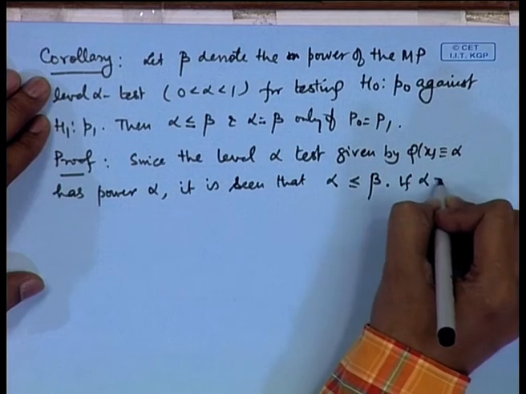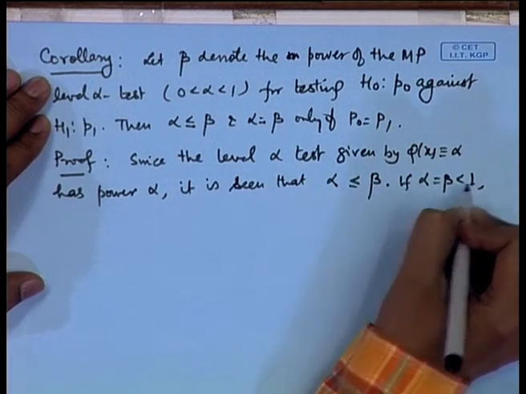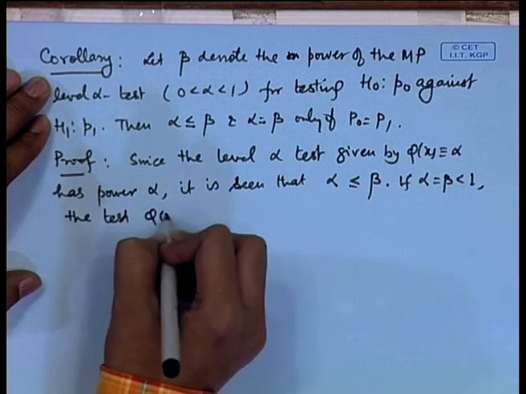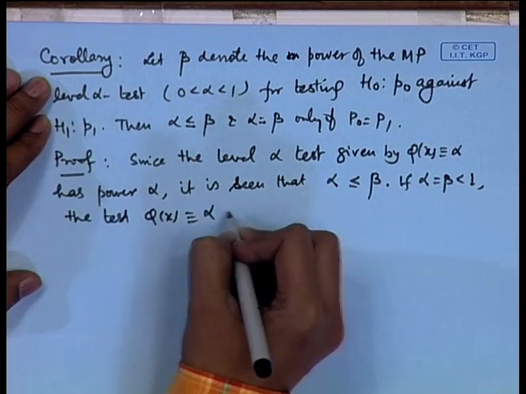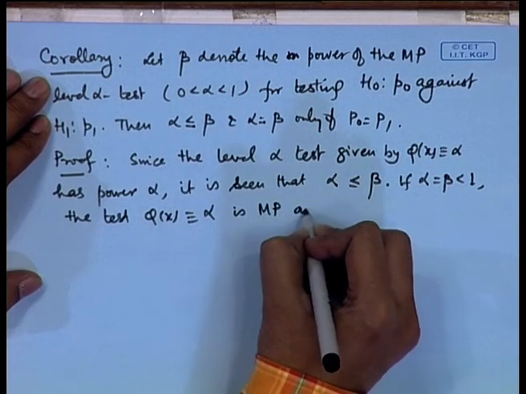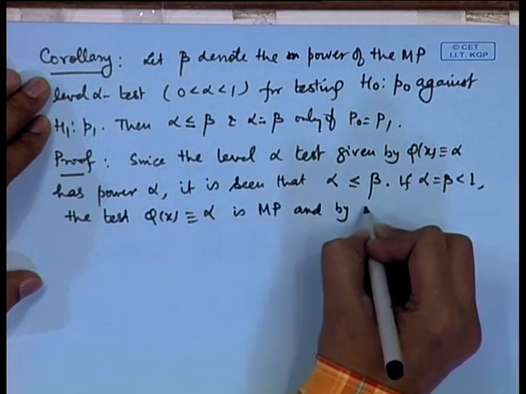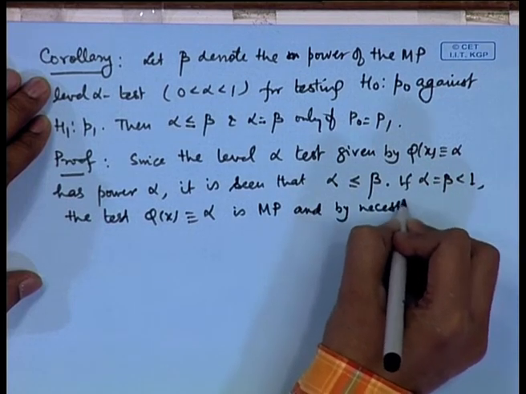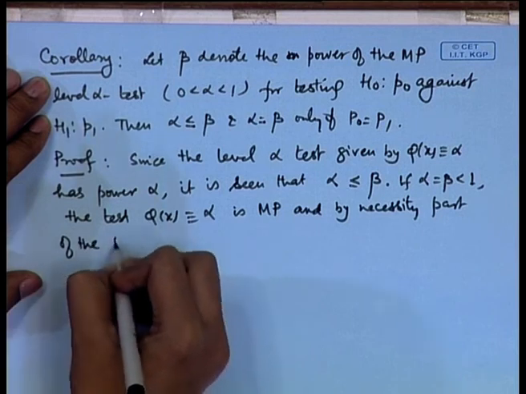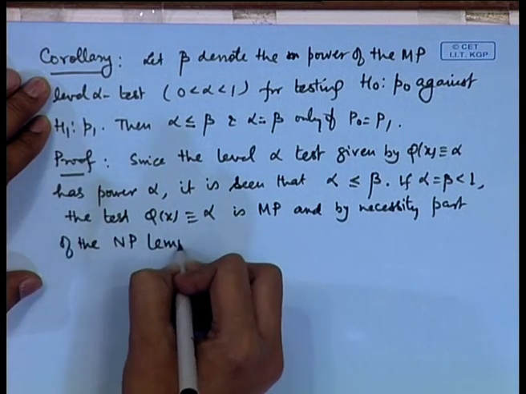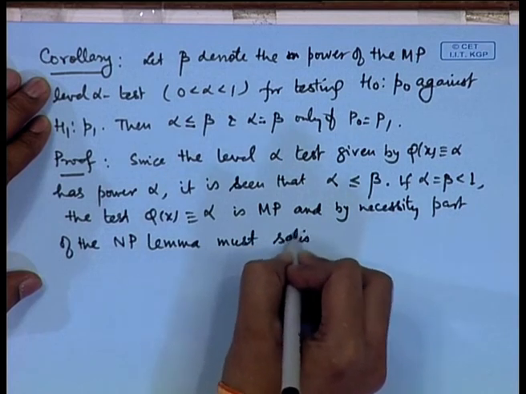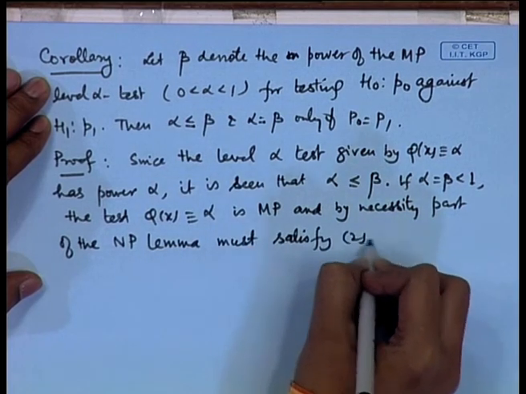If alpha is equal to beta is less than 1, the test phi x equal to alpha everywhere is MP, and by necessity part of the NP lemma, it must satisfy 2.